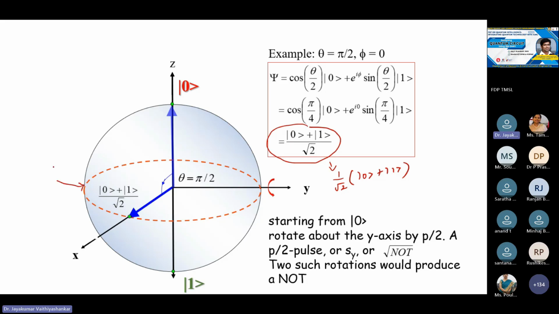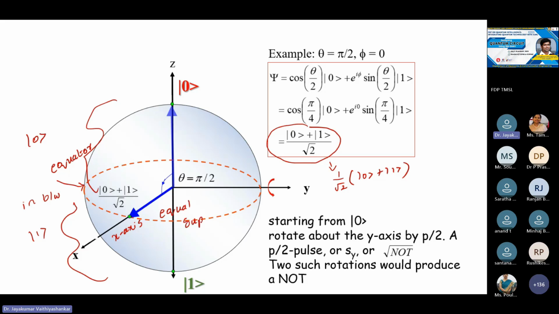Exactly in the equator, it will reside, exactly on the x-axis. That is why you have both components of state 0 and state 1, and it is in between, exactly in the equator. Exactly in the equator means it is equal superposition.